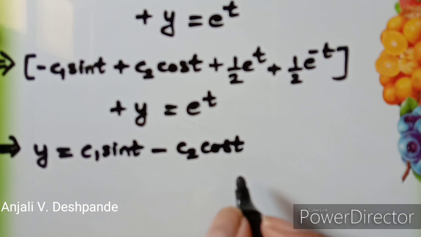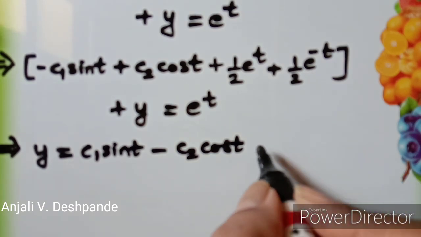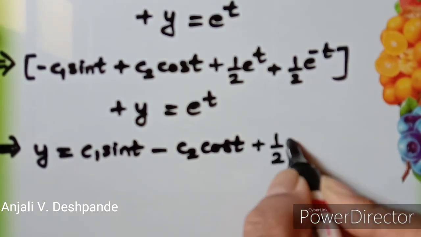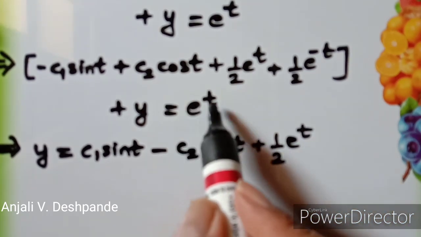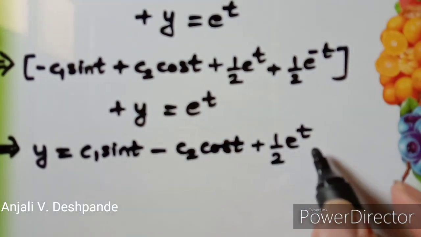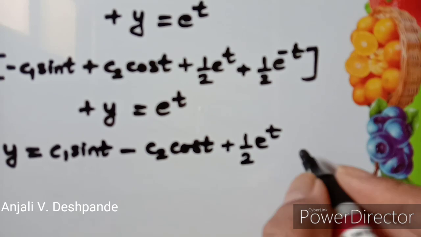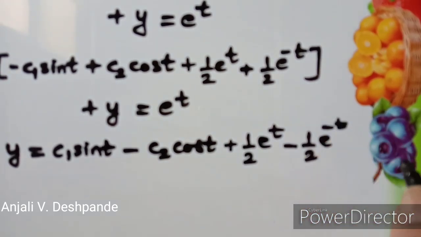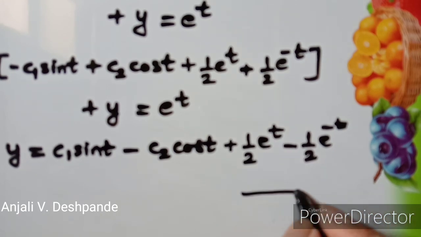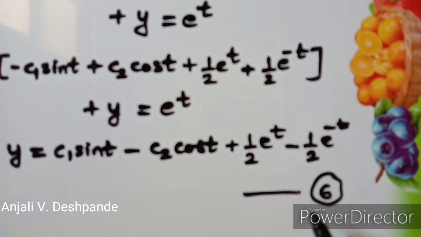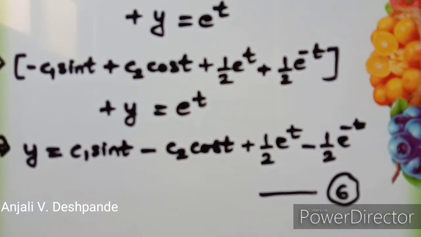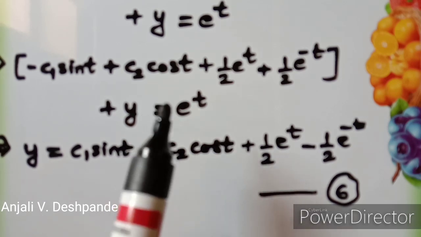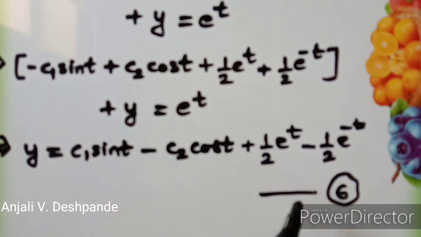and then after that plus 1/2 e raised to t. Why? Because e raised to t minus 1/2 e raised to t. So plus 1/2 e raised to t minus 1/2 e raised to minus t. And this I am going to call equation 6. So now we have got two equations. We got equation 5 earlier which you can refer to, and now we have got equation 6.